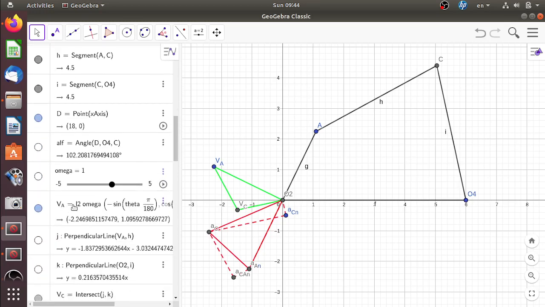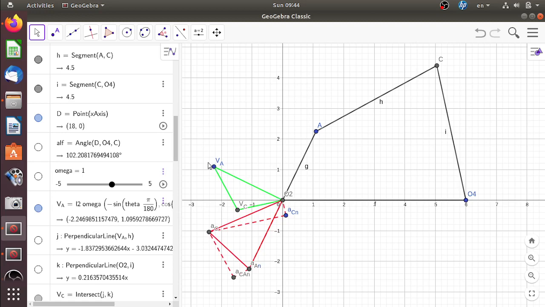So with that I have identified the velocity vector. This point represents the velocity of the stationary link, or fixed link, which means this origin represents the velocity of O2 as well as O4. And this point represents the velocity of point A. I have created the line segment to connect this point and this point.